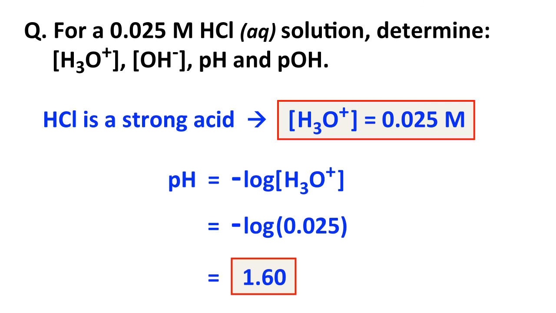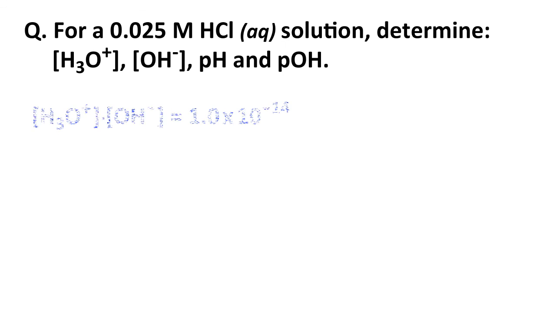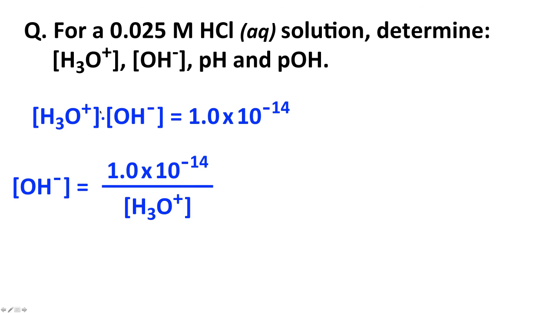These can be done in a couple of different orders. In this case, I'm going to choose to use the ion product constant, or the auto-ionization constant for water. H3O+ times OH- equals 1 times 10 to the minus 14th. We know H3O+, so we should be able to solve for OH-.